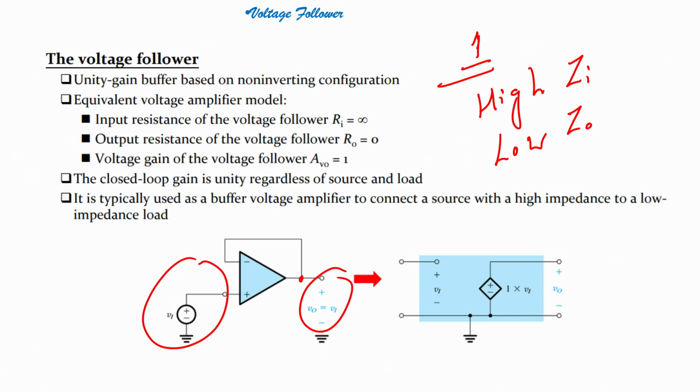So, output voltage follows the input voltage, right. That is why it is also called voltage follower. The gain is 1, that is why it is also called unity gain amplifier. Okay. So, these are the characteristics of operational amplifier, particularly as a voltage follower. This is how we can use operational amplifier as a voltage follower.